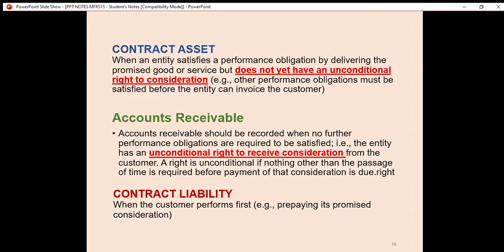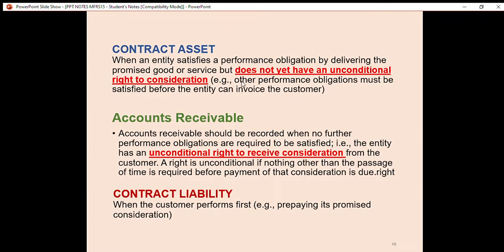performance obligations. If the company only performs a part of the obligation, then it must record the transaction as a contract asset: debit contract asset and credit sales revenue, not as accounts receivable, since other obligations have not been performed.